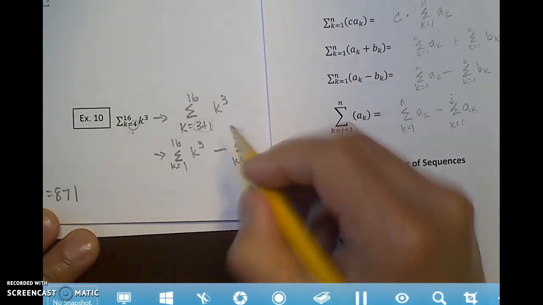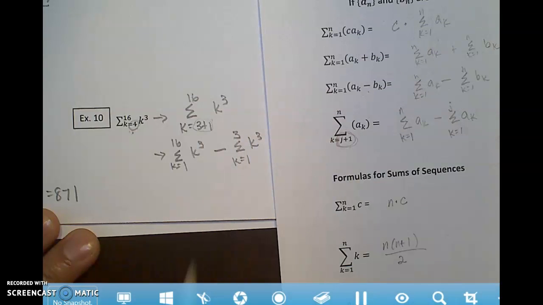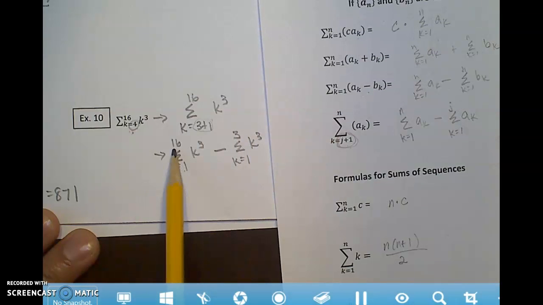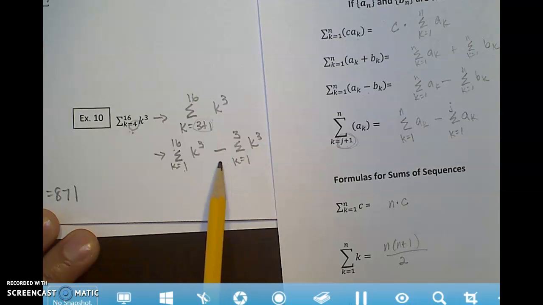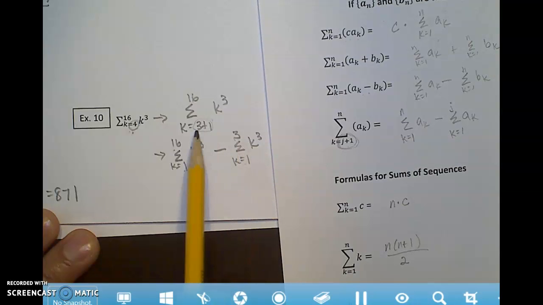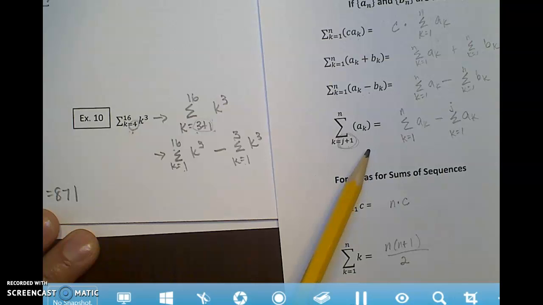So for the first one, I'm going from 1 to 16. And for the second one, I'm going from 1 to 3. Again, that's where that 3 came from. So I'm going to break up this 4 as 3 plus 1 so that I can use this property to write it as the difference of two summations.